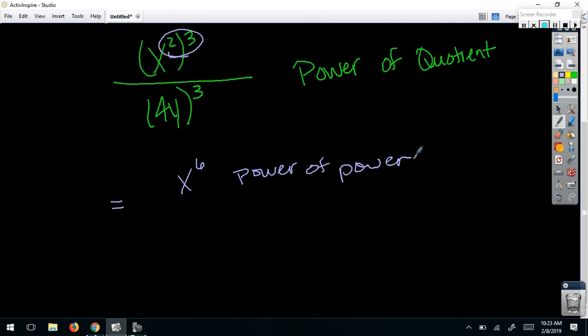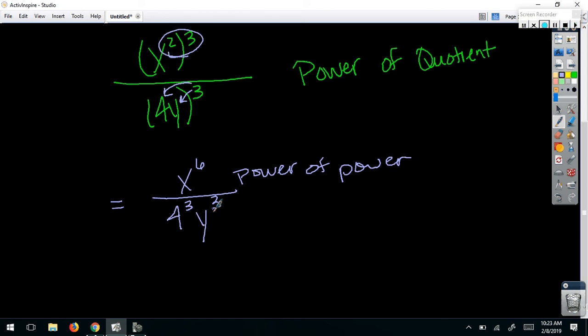How about on the bottom? It's got to go to both though, right? Don't multiply it. What's it called when you distribute the exponent inside the parentheses like that?